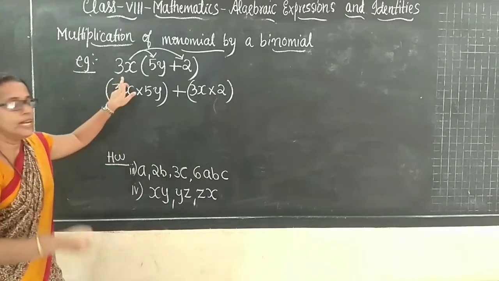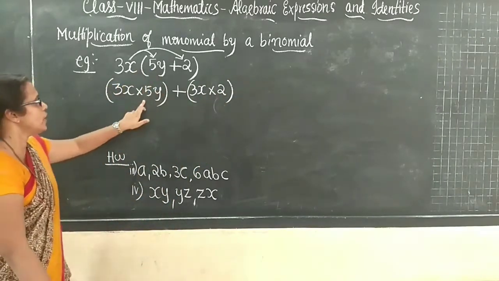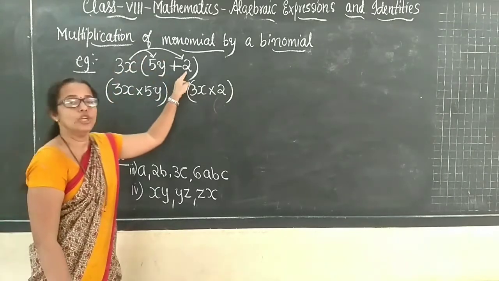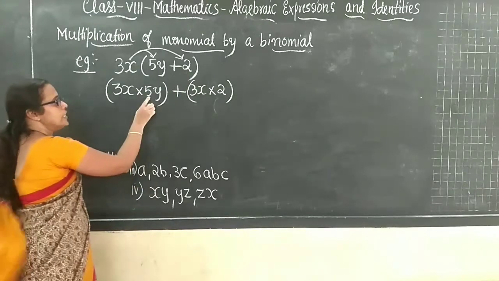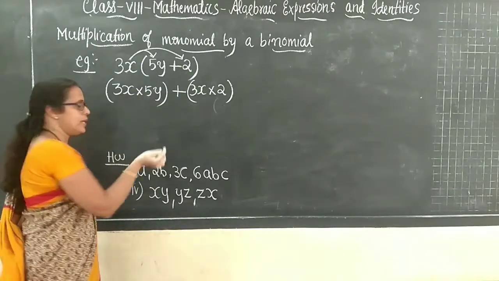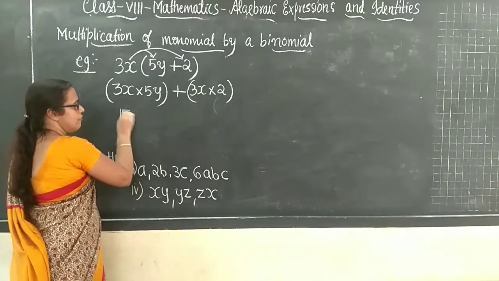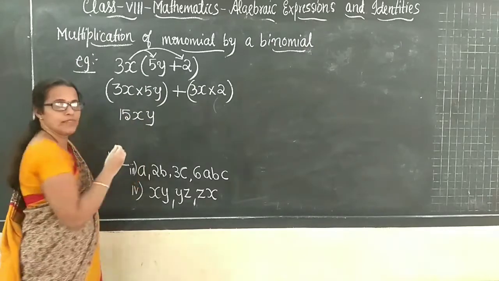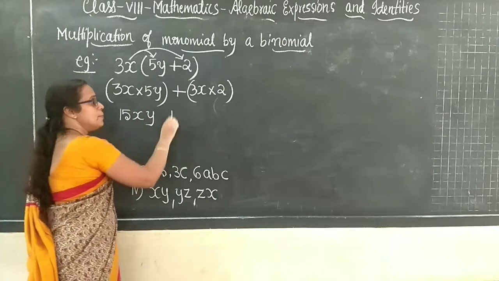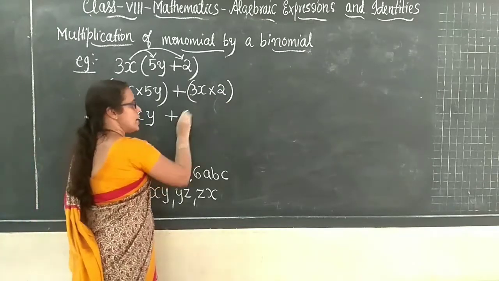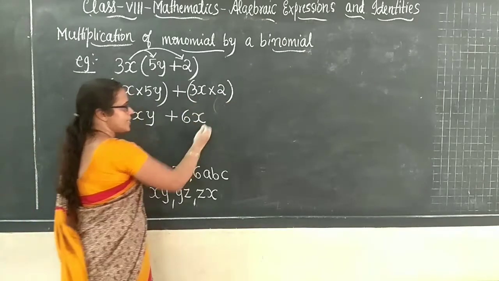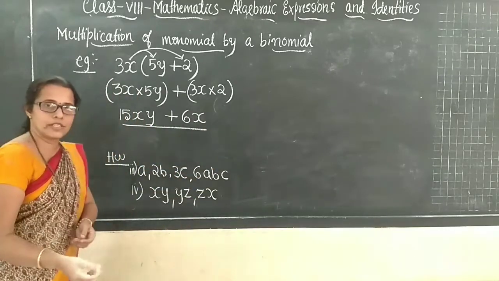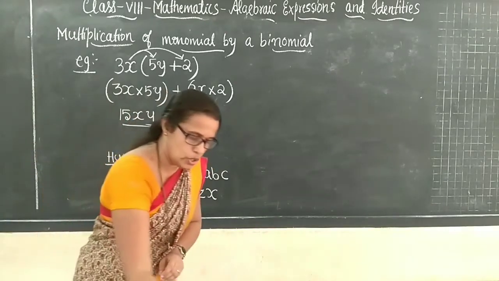I'm going to multiply 3x into 5y plus 3x into 2. So multiply, children. Directly you can multiply, no? 5 3s are 15. x into y, xy. x one time, y one time. Plus 3 2s are 6. 6 into x, 6x. So this is the final answer. Like this way you have to multiply.